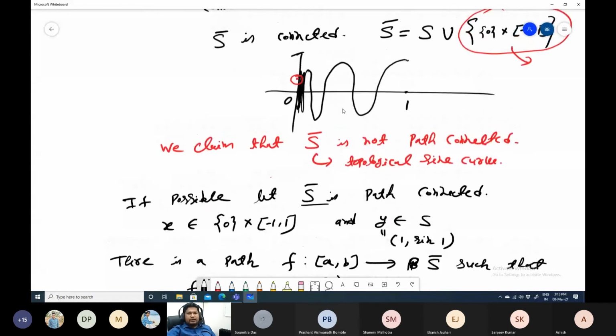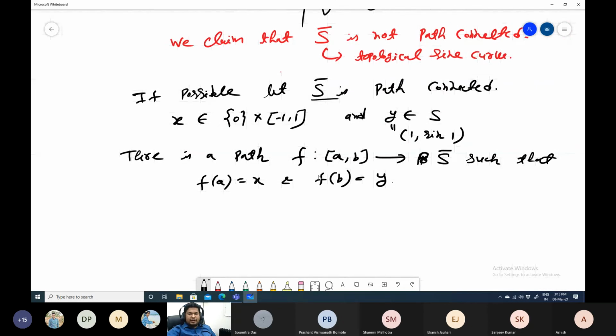ओके, तो क्या करना है हमें, हमें x पॉइंट लेना है इस वर्टिकल लाइन से, ओके, एंड y को ए पॉइंट मान लिया, ये जो इन पॉइंट है। अब हमने ले लिया कि f is a path, since we assume that S closure is path connected, so we have taken f is a path such that f of a equal to x and f of b equal to y. Then what we will do, now we will take f inverse of that line, so 0 cross [-1, 1].